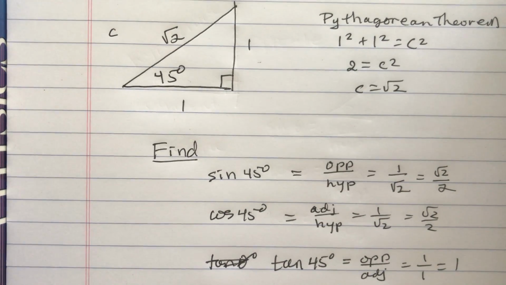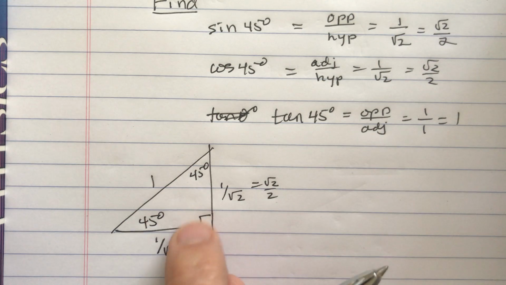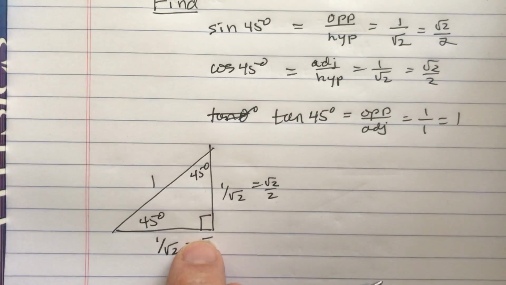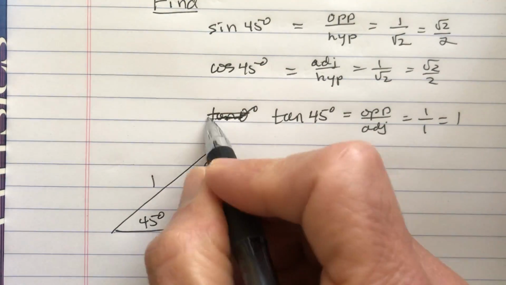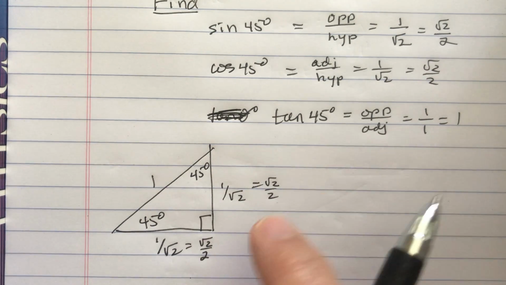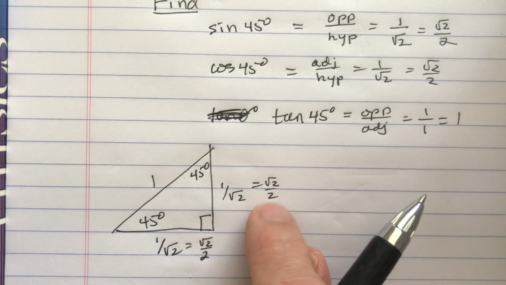Okay, so I go back and forth between these. This one has fractions involved in it. So, for example, if I'm using this triangle and I'm trying to find tangent, it's a little bit of a problem. I know it's not that big of a problem, but it's just one more level of making it a little bit confusing.